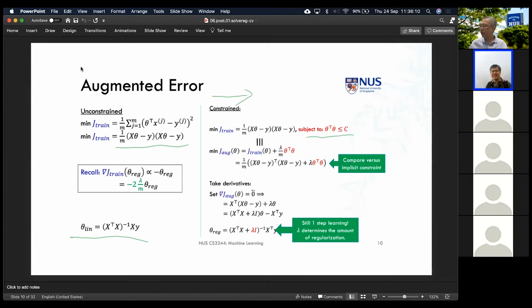The implicit constraint is that I'm again going to minimize the training error, which I had in the original case, but I'm also going to minimize a term that allows me to have this constraint. So I put this term, which is again a translation of this, but for all m points.